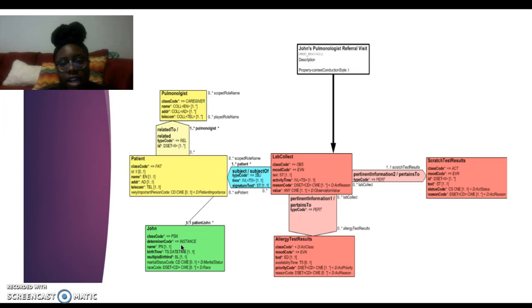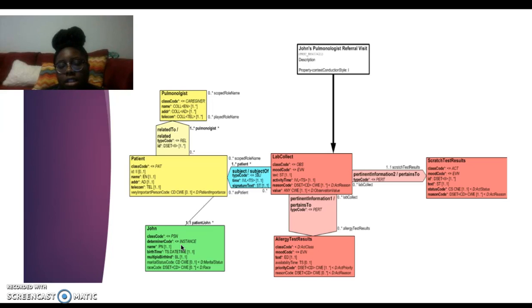So my next diagram would be my HL7 messaging, and I chose to do version 3 simply because the diagram helps me to understand it better and gives me a better picture of it. HL7 version 3 focuses mainly on a diagram, and also because there are so many moving parts in the scenario and they all have a relationship to the other.